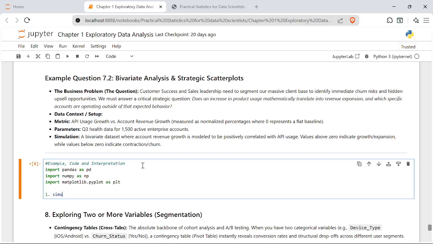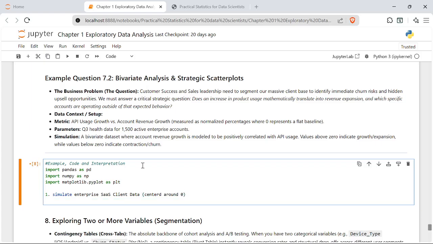Simulate enterprise SaaS client data centered around 0. np.random.seed 42.